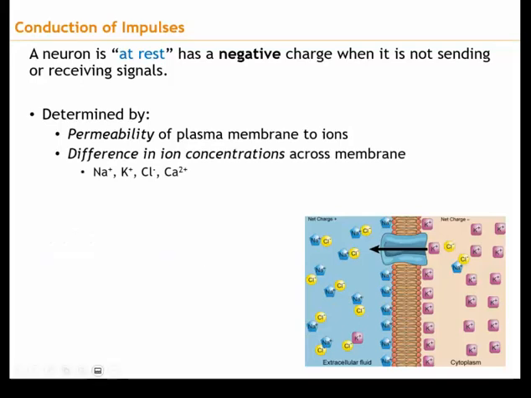So we see over here we have potassium and chloride. Over here we have chloride and we have sodium. So that's referring to ion concentration. Each ion has its own electrochemical gradient, which serves as a driving force across the membrane, so it allows it to move or to be pushed across.